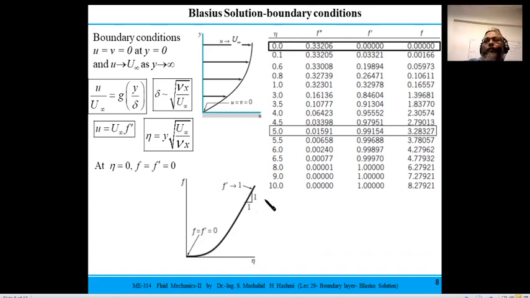So that has been shown here. This function, if plotted with respect to the eta variable, once eta is 0, then this function is also 0. And as eta increases, from 0.1, 0.6 and approaches some value, your function will be approaching unity. And this is the first derivative of that function. The first derivative is actually the dimensionless velocity, u over u infinity.